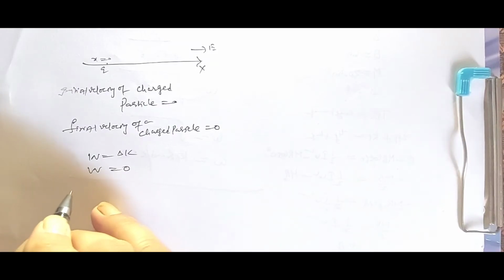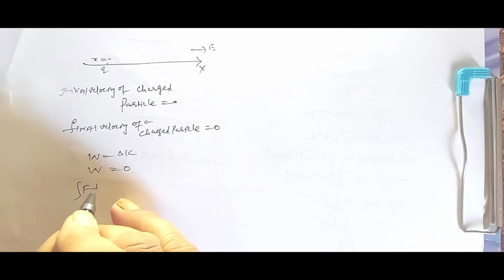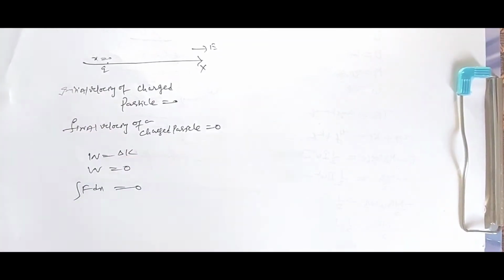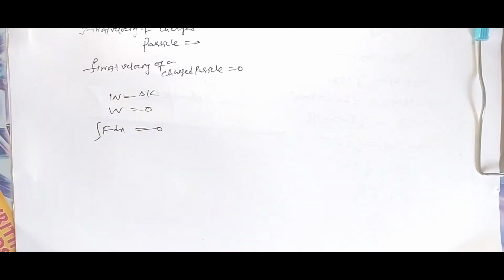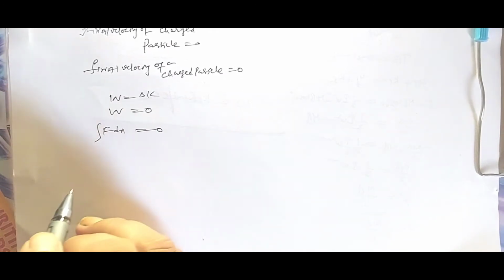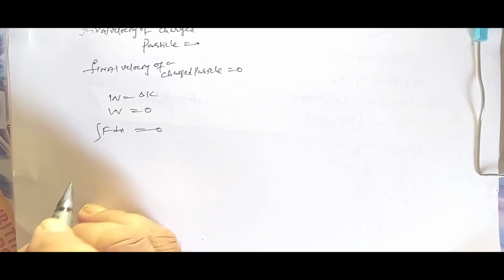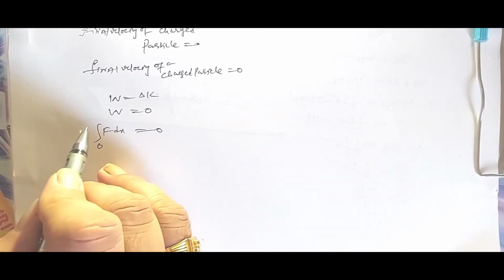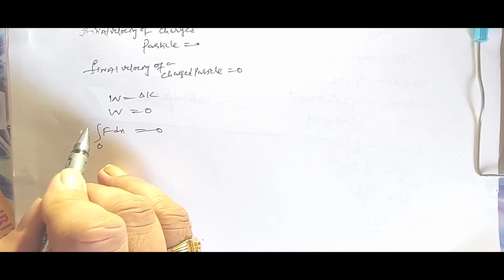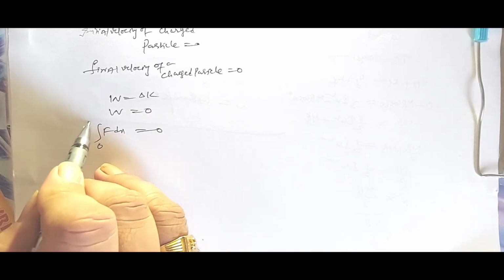So, here work done is equal to the integration of F dx, which is equal to 0. Why? Because this is a variable force. So, in the case of a variable force, the integration of F dx gives the total work done, which is 0. We assume that at distance x the kinetic energy is 0.